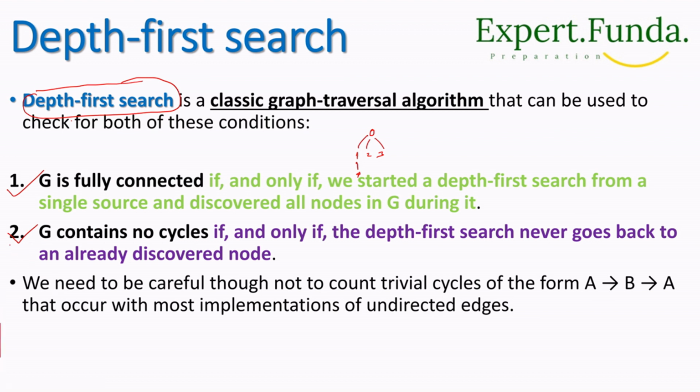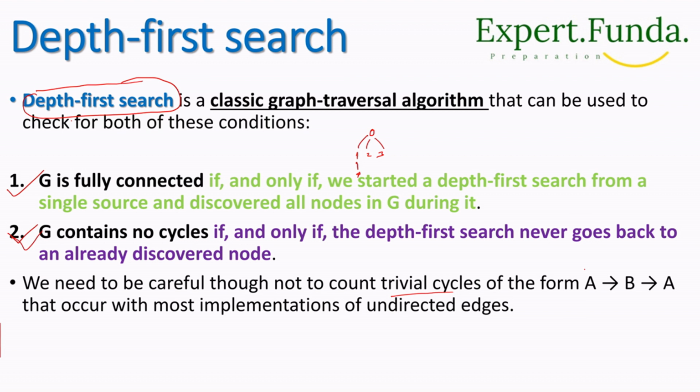Now for the second condition, G contains no cycle if and only if the depth first search never goes back to an already discovered node. We need to be careful not to count a trivial cycle.